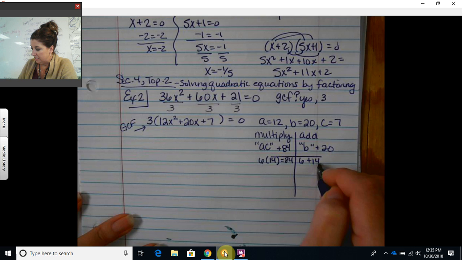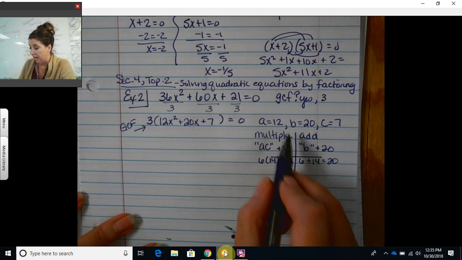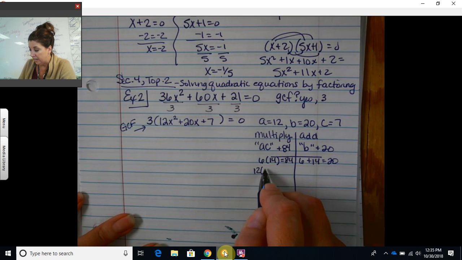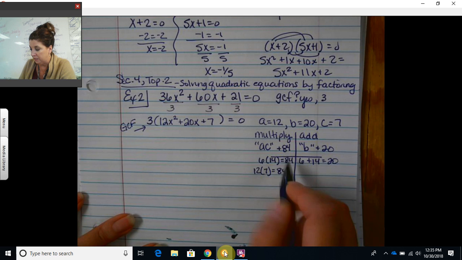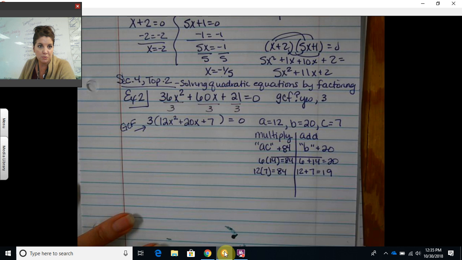So that works. What if I didn't pick that first and I said, well, I know 12 times 7 gives me 84 because that's how I got 84 to begin with, right? 12 times 7. But 12 plus 7 is 19. Could I use 12 and 7 if I wanted to?